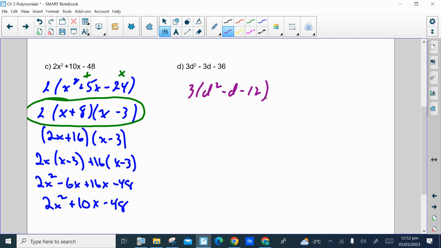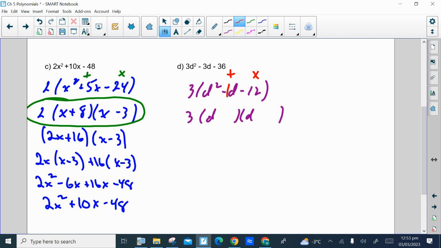And now we're going to see if we can factor the trinomial that's inside the brackets. If there are factors of that, they will be binomial factors, so we put down our brackets. The front terms have to multiply to get d squared, so therefore they both have to be d's. And now we're looking for 2 numbers that multiply to get negative 12 and add to get negative 1.